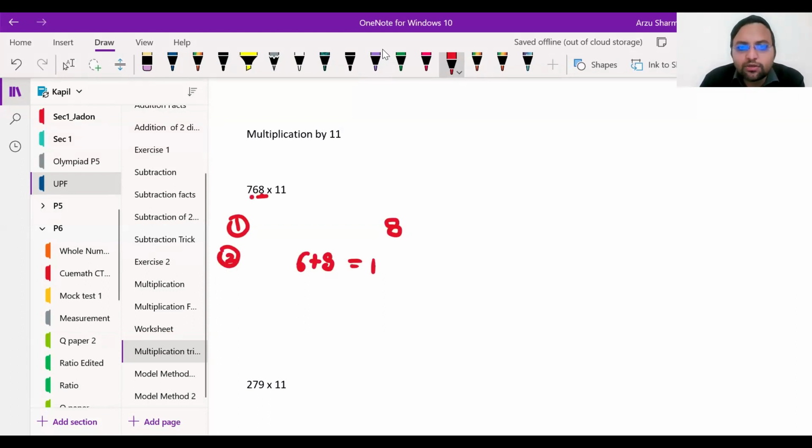So 6 plus 8 is 14. We have placed 8 here. Now again, we'll take the ones digit of this, so 4, and we'll keep the tens digit for now.